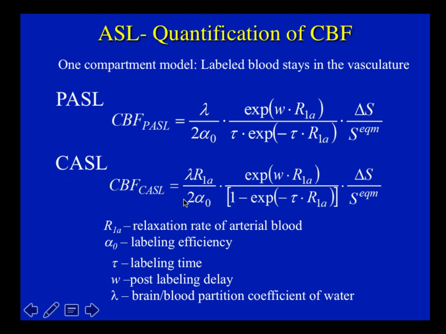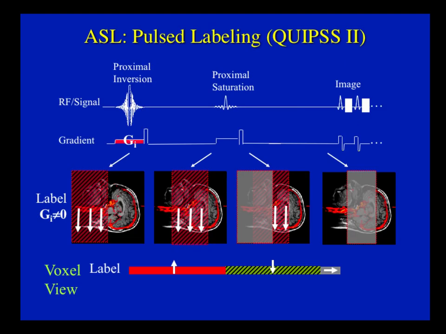For continuous ASL, the labeling efficiency is slightly lower, maybe about 0.85 to 0.9. So if we do not measure the labeling efficiency for every study that we do, there will be a little bit of error in the CBF that we quantify, because from subject to subject, this labeling efficiency may be different. So now let's look at the actual pulse sequence that we used in the two experiments.